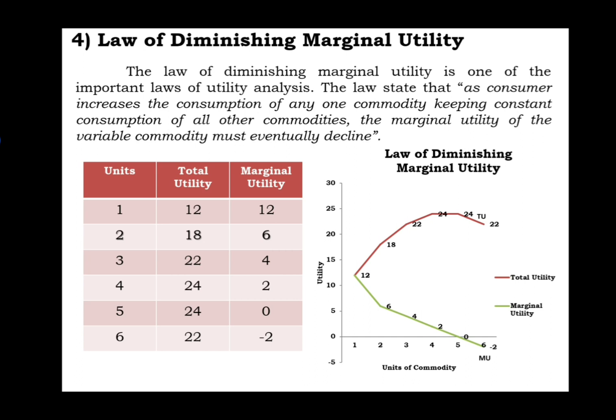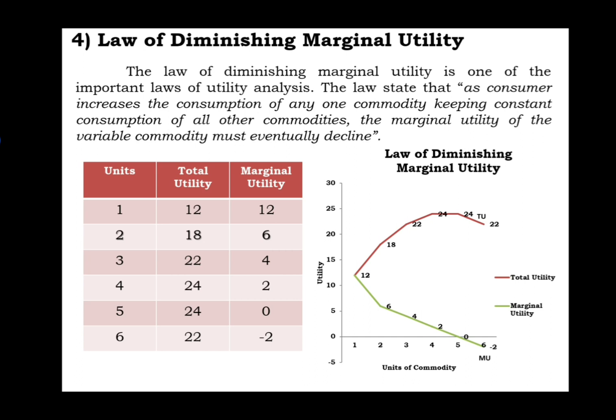In the introductory part, we have to write what this law says. This law says that as a consumer increases the consumption of any one commodity by keeping constant the consumption of all other commodities, the marginal utility of the variable commodity must eventually decline.